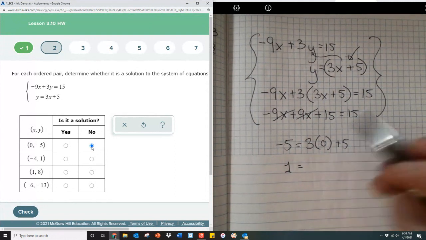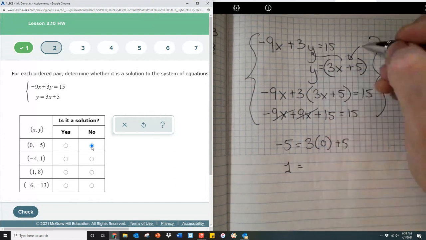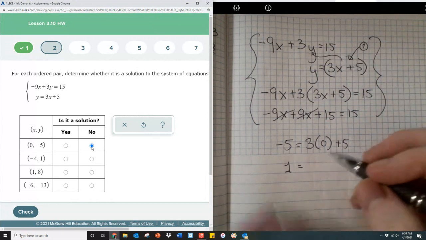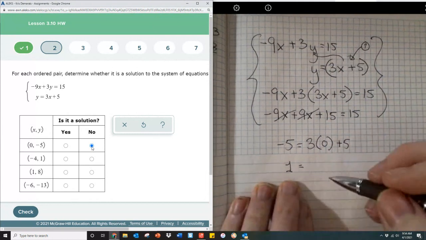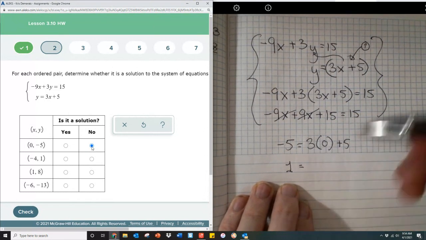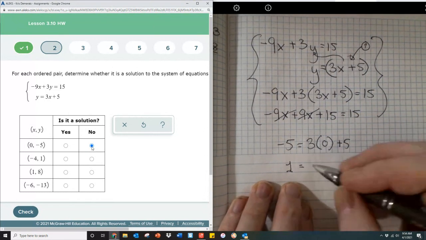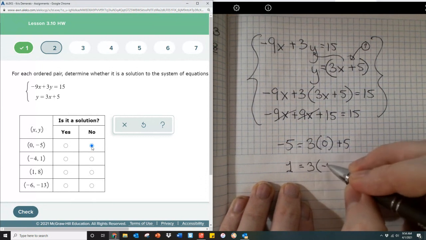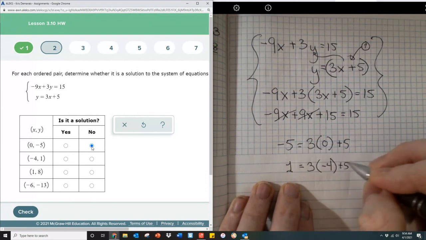So when I'm looking at this, I'm taking the second part. This is the big guy right here. I'm going to use this one to go ahead and structure my approach to solving for each of these. All right. If it works, I move on to the other one. So I have 3 times negative 4 plus 5.